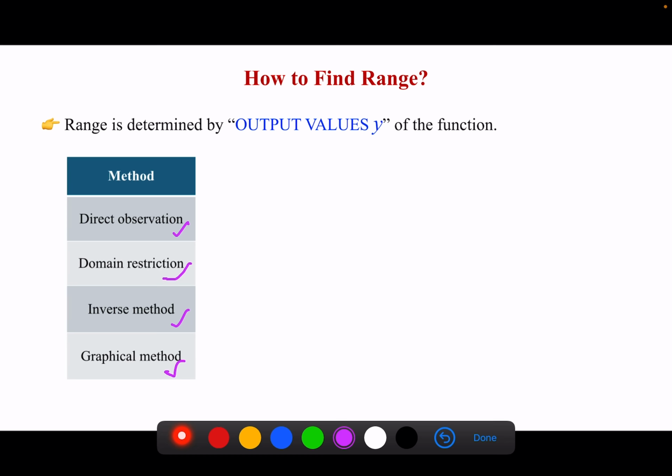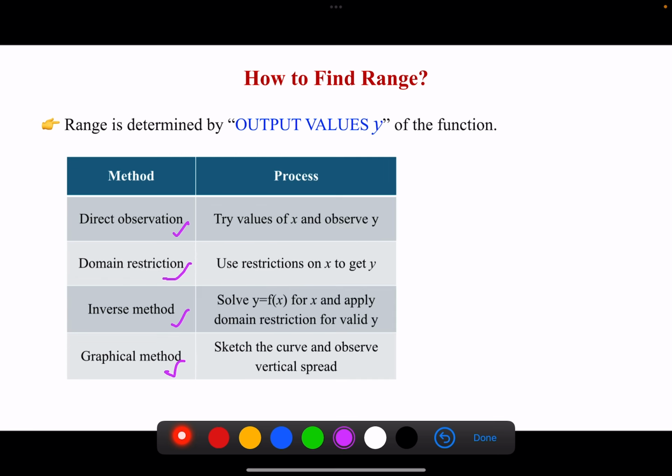Second question is what is the process of methods? So answer is for direct observation method we try some values of x and observe the behavior of y. In domain restriction method we use restrictions on x to find y.